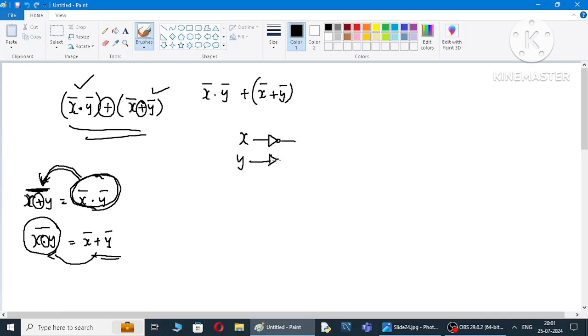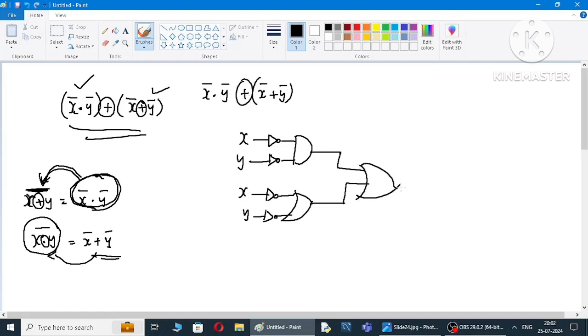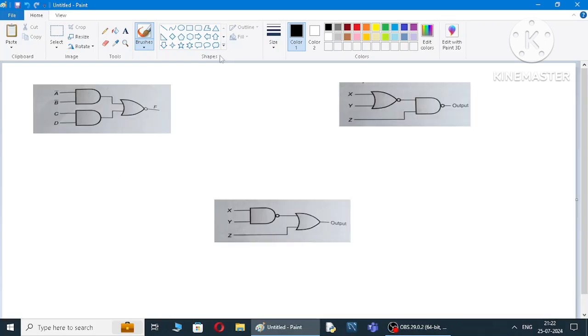Put it in a NOT gate, then put X bar and Y bar in an AND gate. Then X bar plus Y bar, same X bar Y bar, put in an AND gate, plus, and both the inputs put together again in an OR gate will fetch you the answer of this expression. But the same expression can be done using NOR gate and NAND gate.